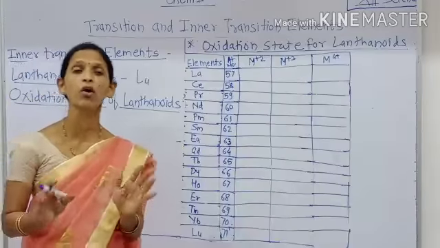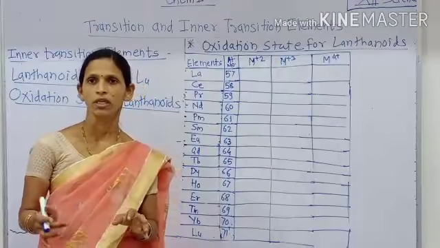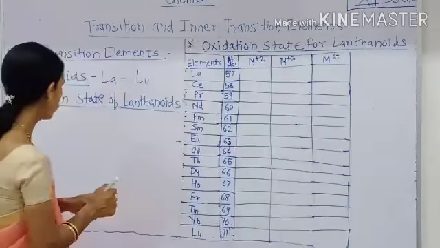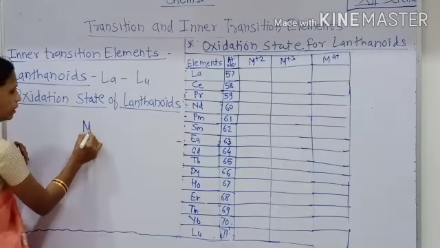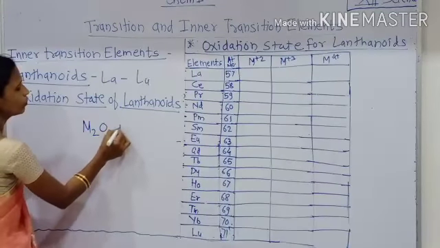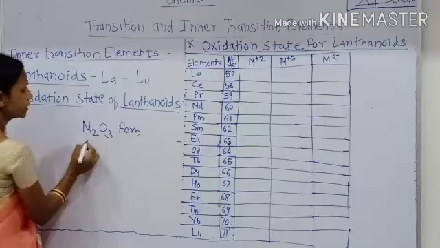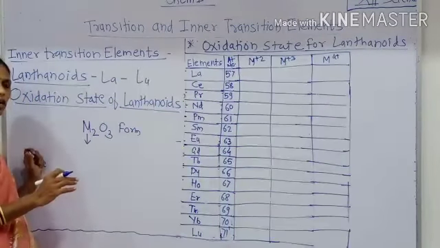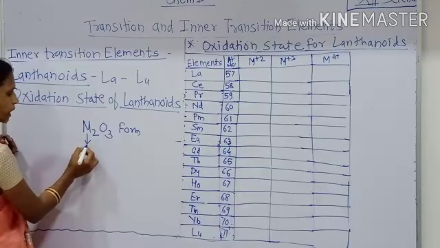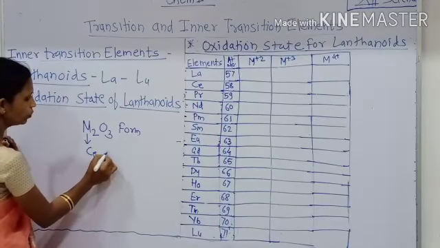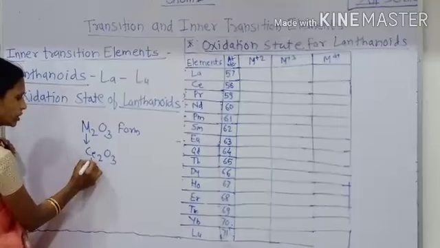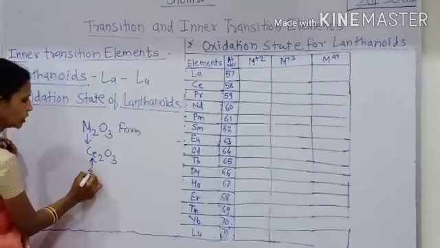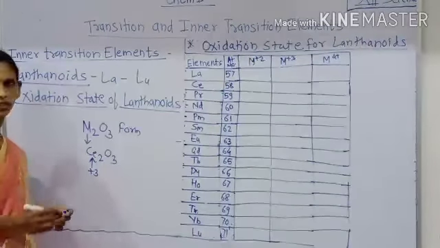Therefore, stable oxides of lanthanoids are present in the M2O3 form, where M is any lanthanoid element, for example Ce2O3, in which cerium is in the +3 oxidation state.